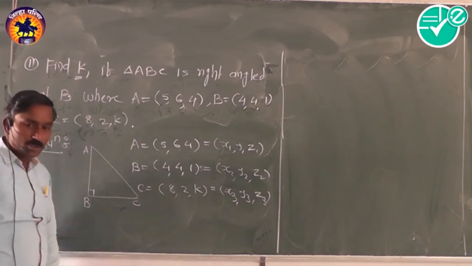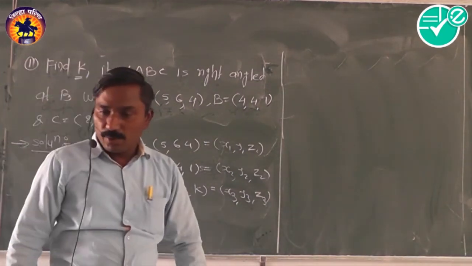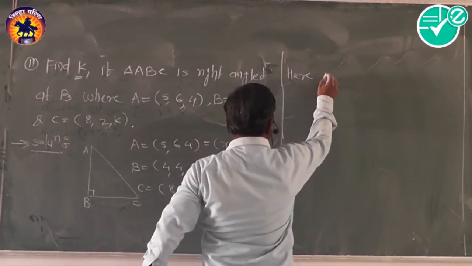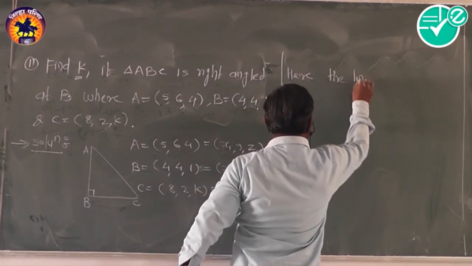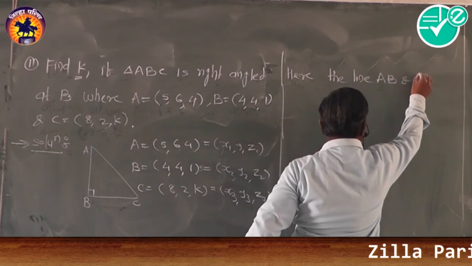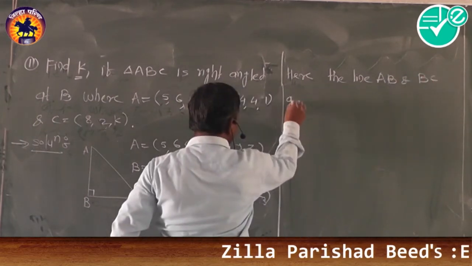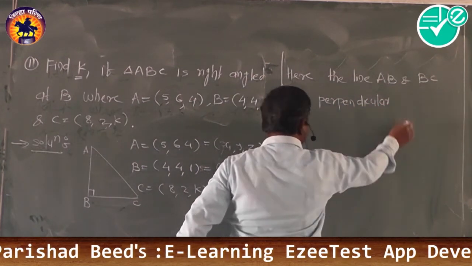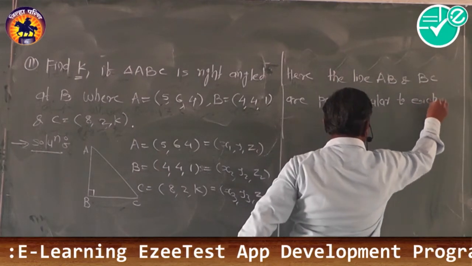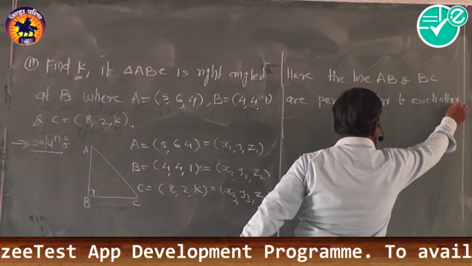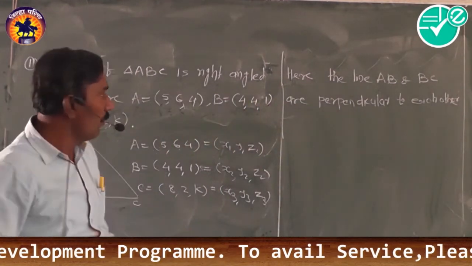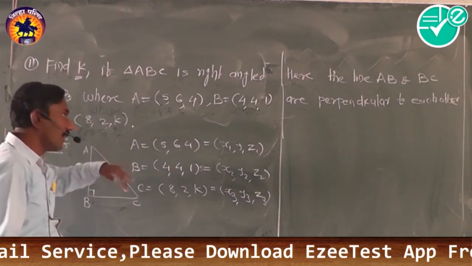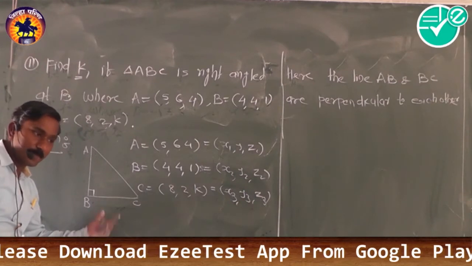So now we have to find the direction ratios of the line AB and the direction ratios of the line BC.